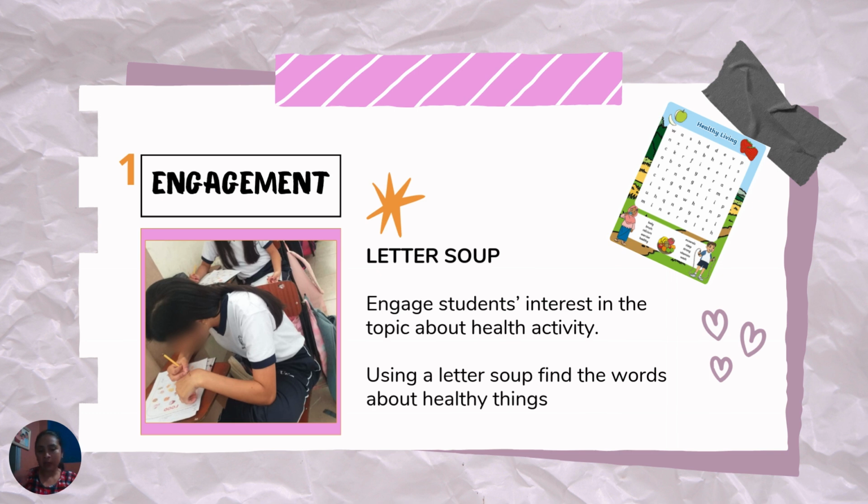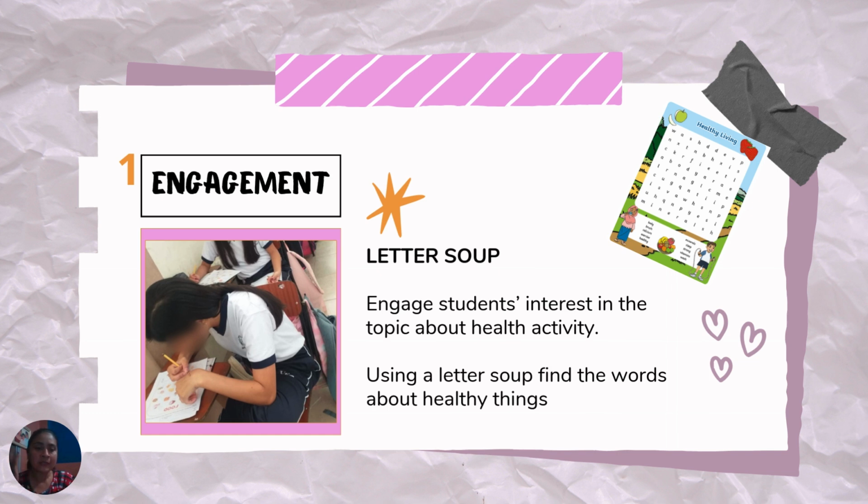Let's start talking about the engagement. In this case, according to Vygotsky. In this template, we are going to start with the letter soup where the students are going to engage by showing interest in the topic health activities.